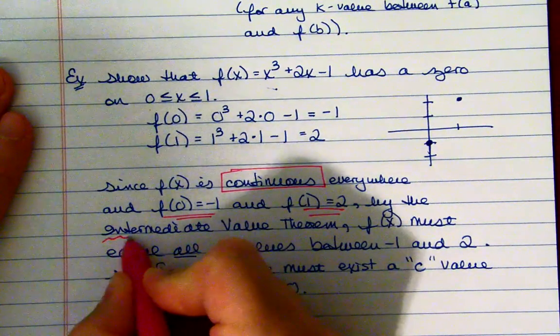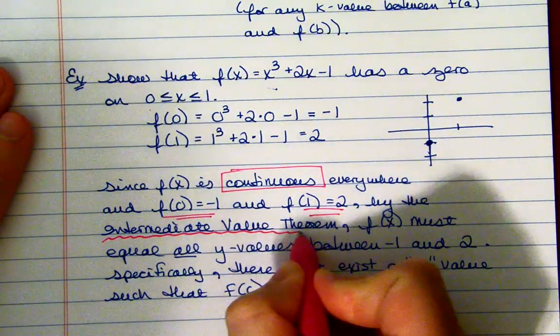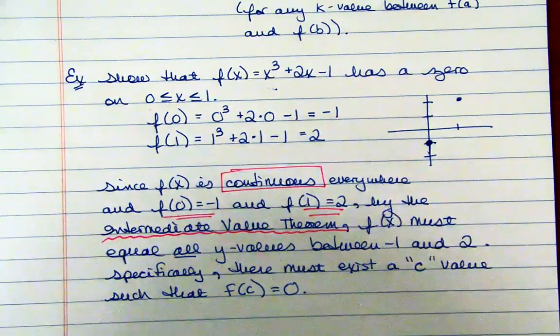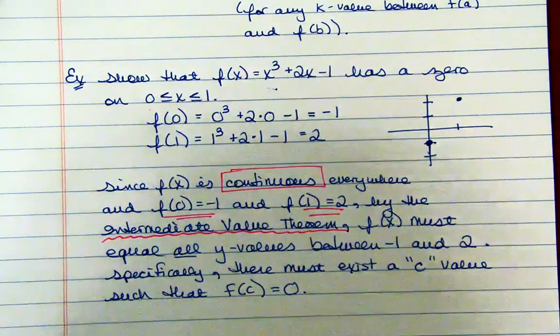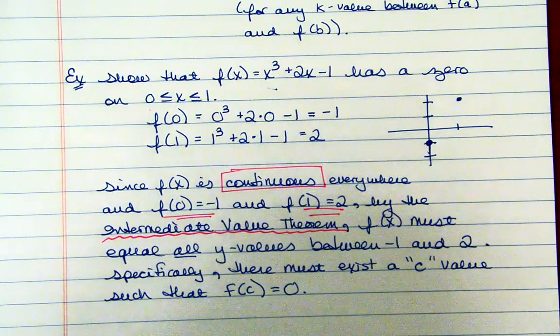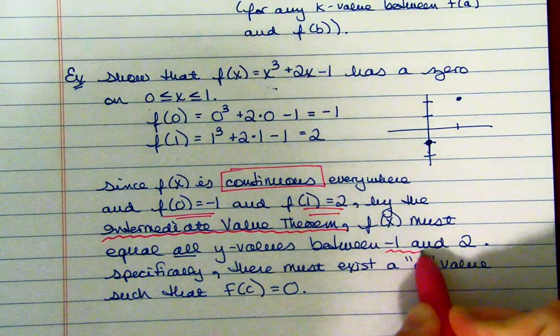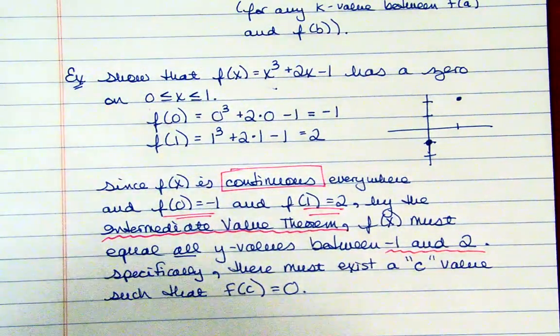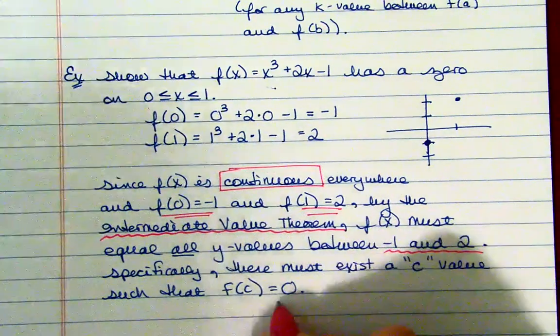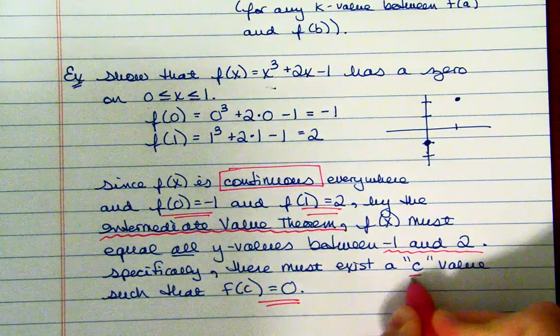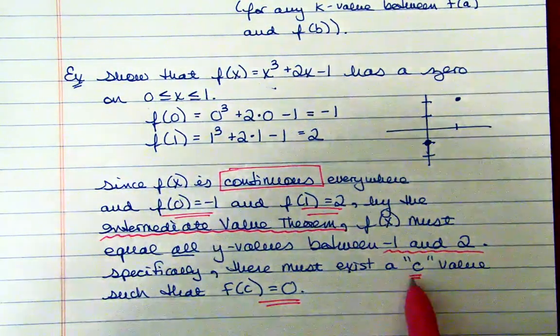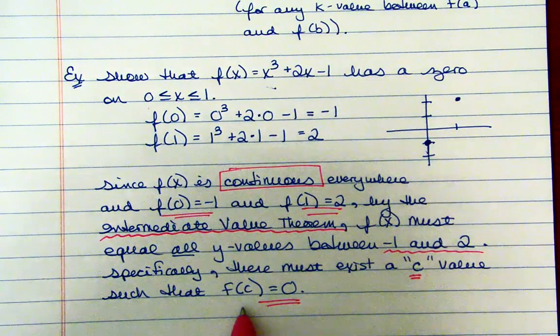You need to state the theorem you're using. I'm going to state by the intermediate value theorem. No abbreviations. IVT doesn't really mean anything. Write out the name of the theorem in full. Because of that, we know the range of y values, so I'm going to state that it has to equal all the y values between negative 1 and 2, and then I'm going to deal with my specific y value that I'm guaranteeing. I'm guaranteeing there's an x value, c, such that f of c equals 0.